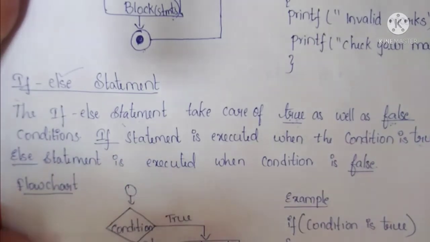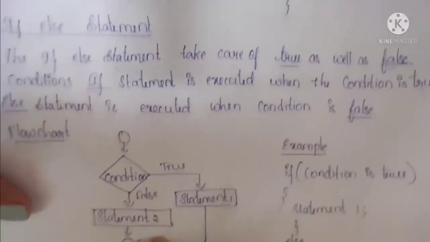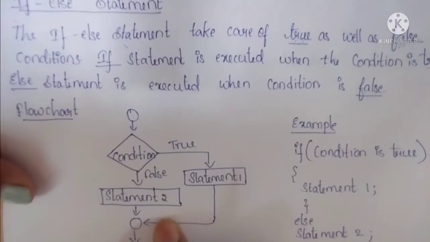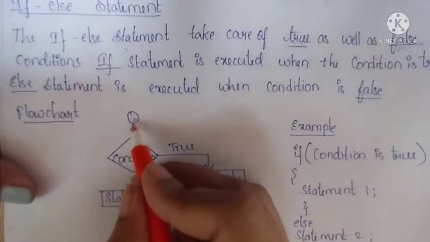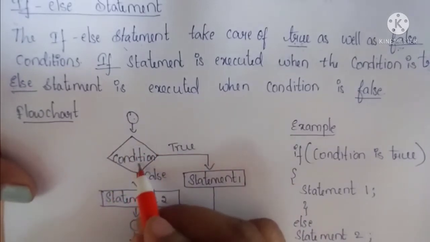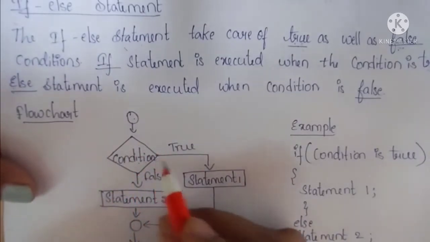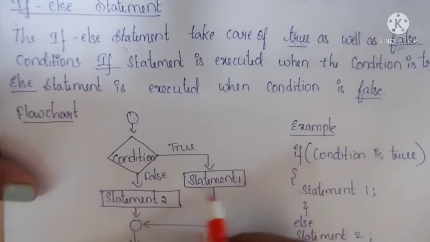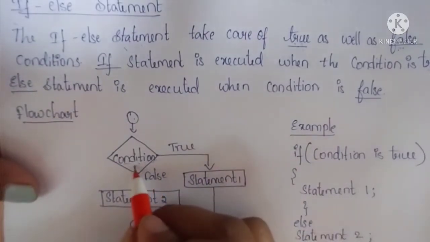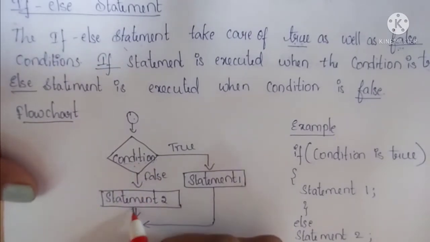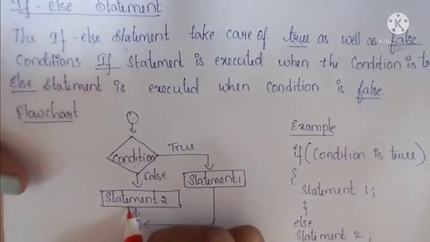So we will see next what the flowchart for the if else statement is. See here, this is the flowchart for the if else statement. First, the start. First I have given one condition. If that condition is true, then it will execute statement 1. If the condition is false, we have another statement to execute, statement 2.